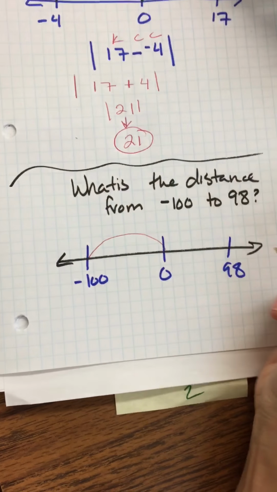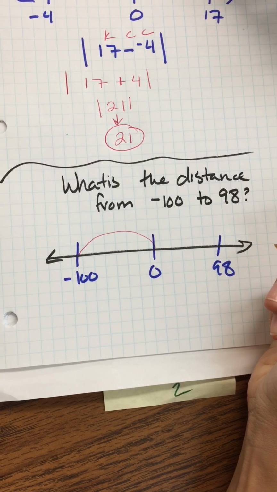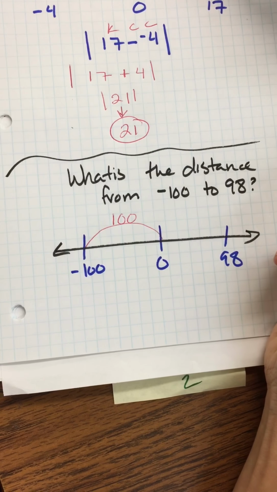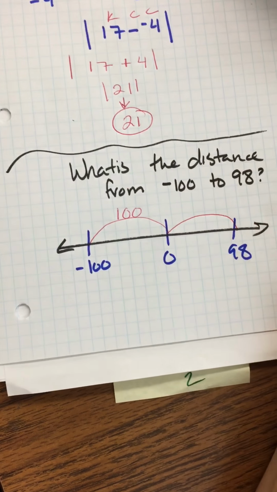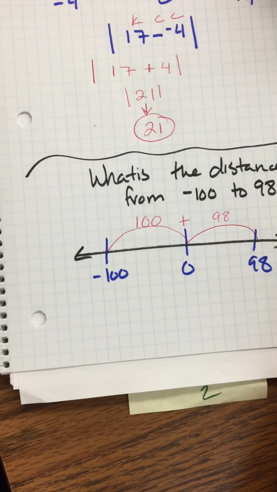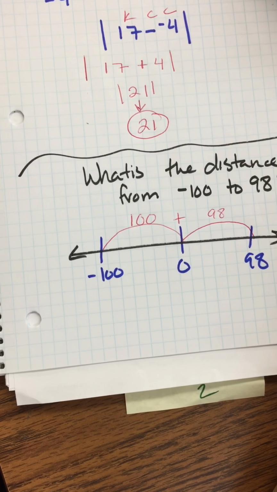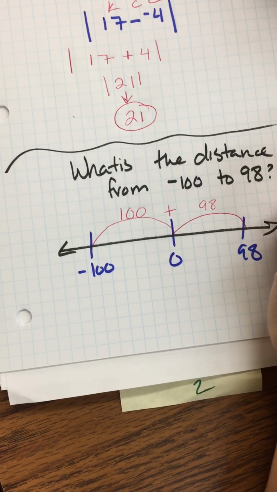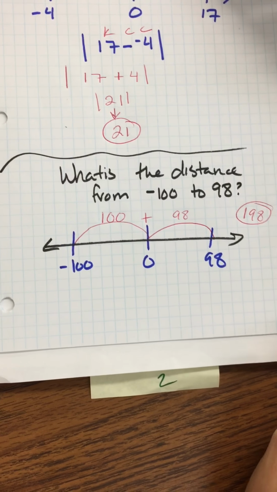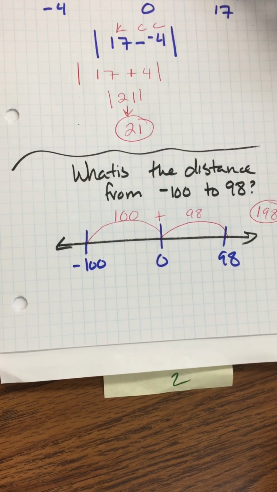All right, so from 0 to -100, how many spaces is it from 0 to -100? That would be 100. How many spaces from 0 to 98? That would be 98. So then I add these two, and you get a grand total of 198. Cool. So what math problem would that be?